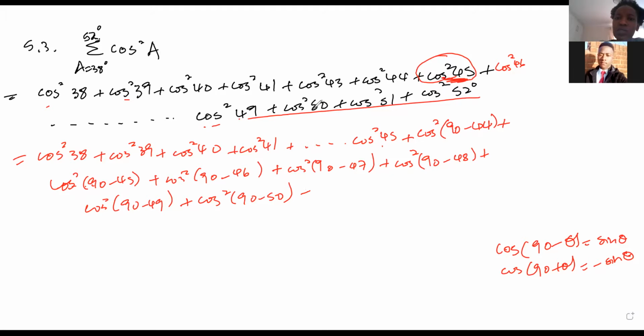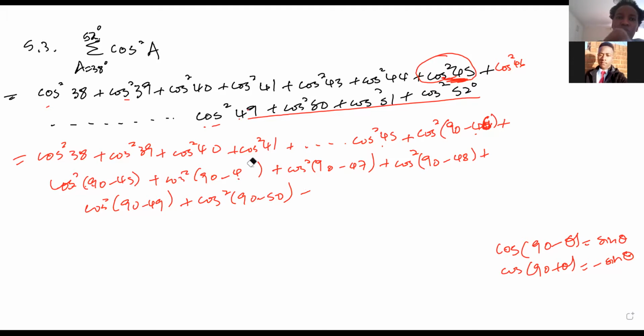Okay, so let's see, this is 50. It was supposed to go down, not up. I have 45, then 44 is 46. No, this was supposed to be 46. I'm going up here, so this value should go down.